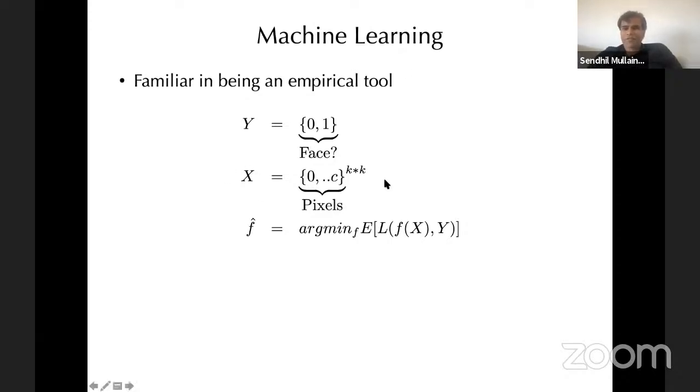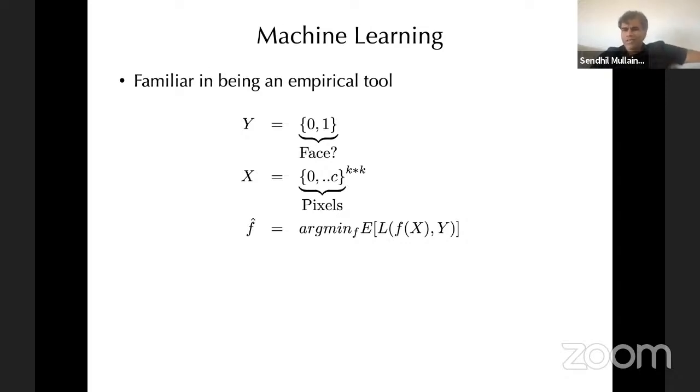It's a relationship between an x and a y. In this case, the x is a k by k array, but basically just a long vector, and each element of the vector is something about color or intensity. That's the x. It's just a set of binary variables or categorical variables.